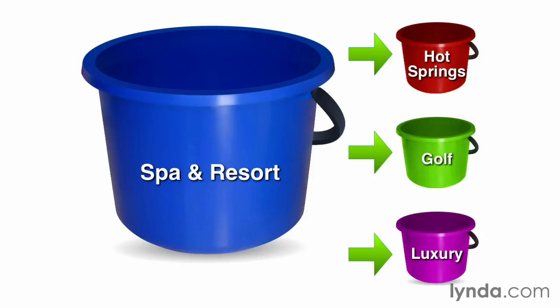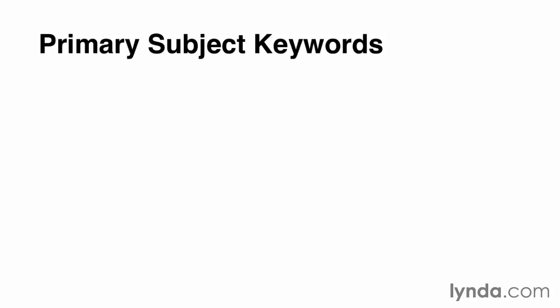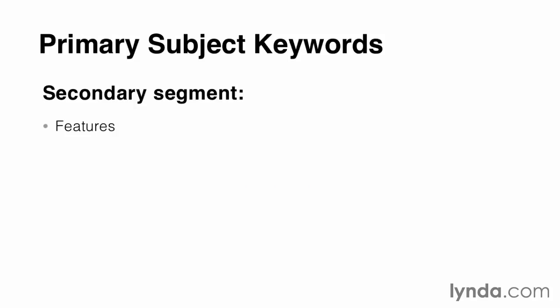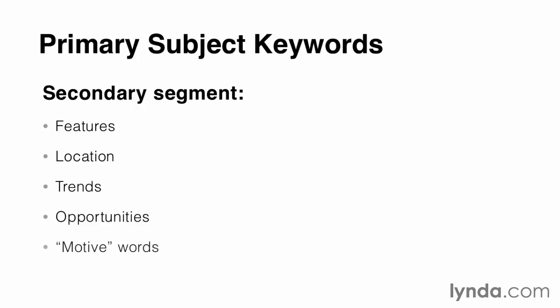And then I look specifically at what those people want and what they're doing. Building that secondary segment allows me to look specifically at those features, maybe find some location or additional trends, maybe some business opportunities, but these are my motive words. These are the words that tell me exactly what people are searching for, and I have to treat them uniquely because they are so specific, and the page they land on must reflect their search.